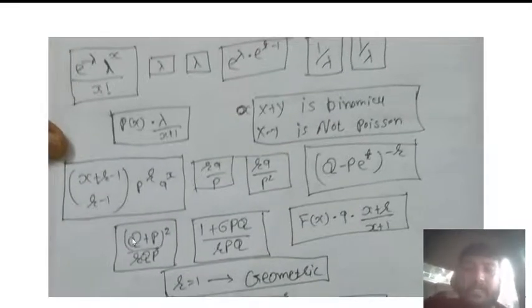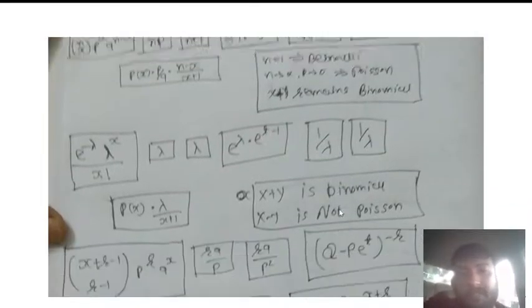Skewness is equal to (capital Q plus P) all square upon r capital Q capital P, and kurtosis is 1 plus 6PQ upon rPQ. The recurrence formula for this negative binomial distribution is f of x into Q into (x plus r) upon (x plus 1).